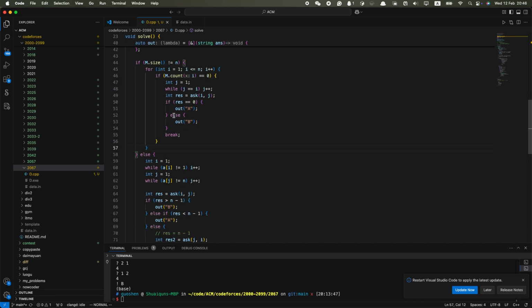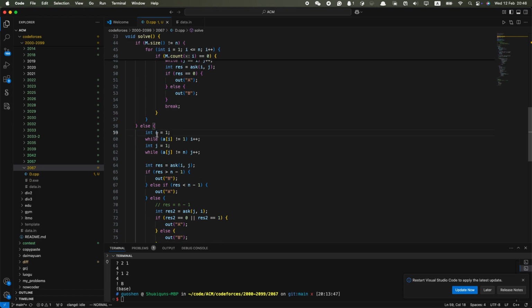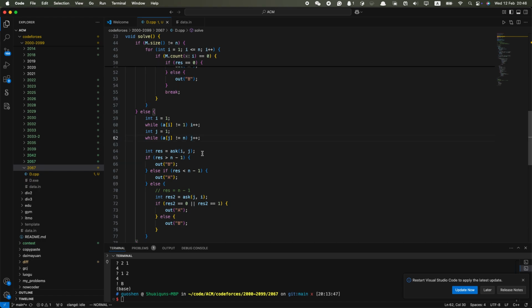Else, if all the numbers occur once, we can find the index i such that A i equals 1, and the index j such that A j equals n, and we can ask this query.